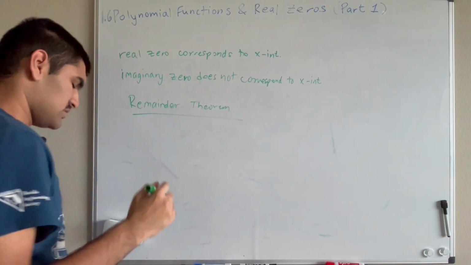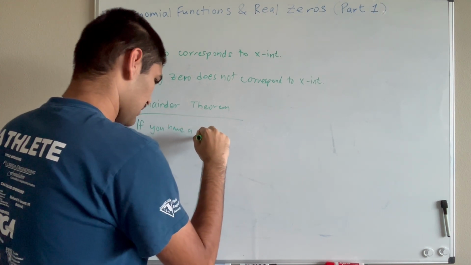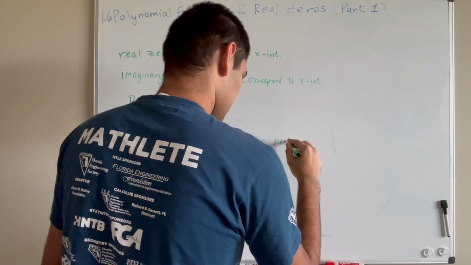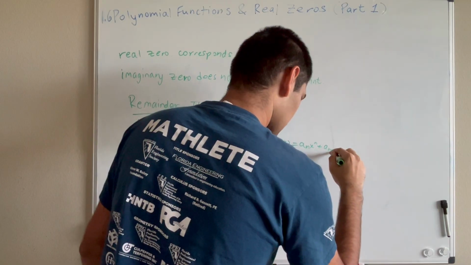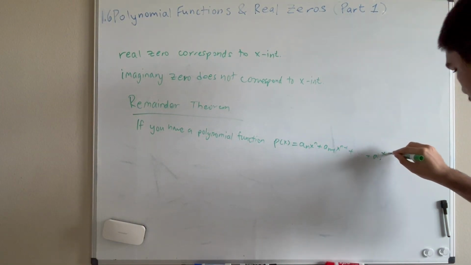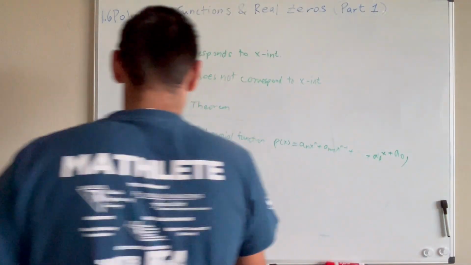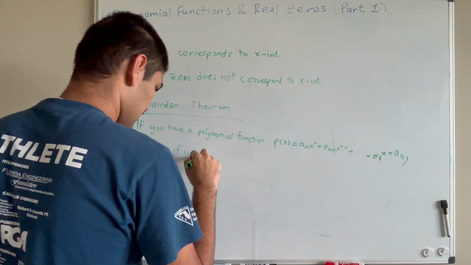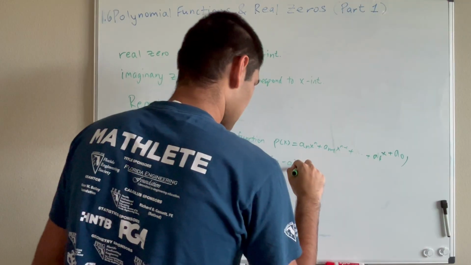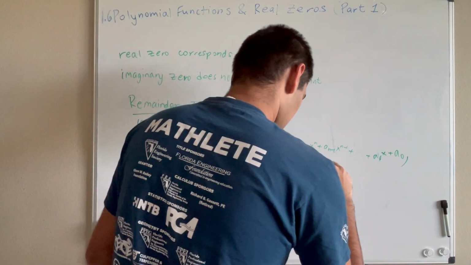Essentially, what the remainder theorem says is that if you have a polynomial function, say p of x, of the form a_n x^n plus ... plus a1x plus a0, and you divide p of x by some factor, say x minus a, then the remainder is simply p of a.